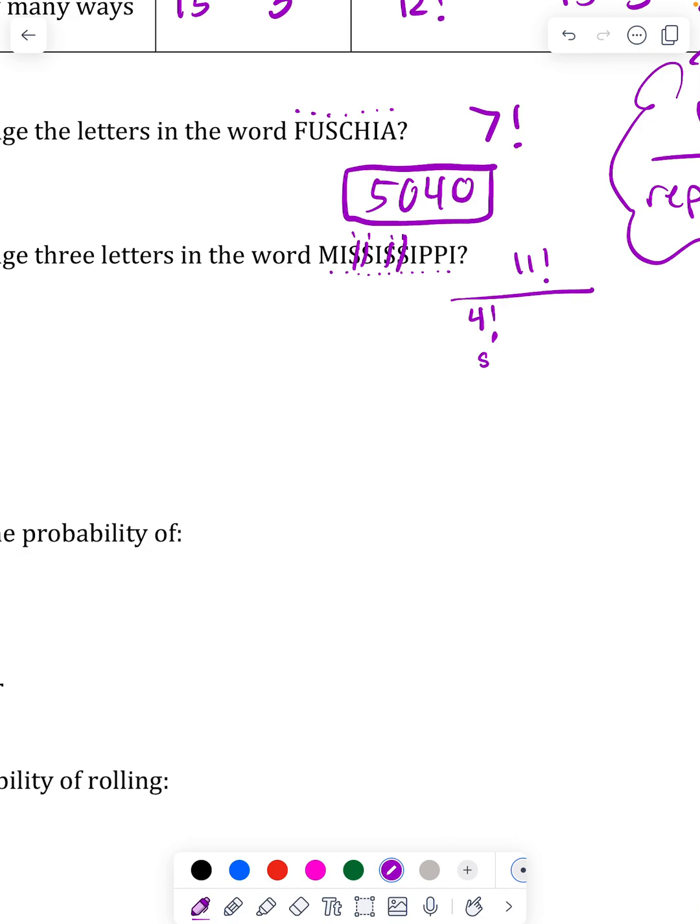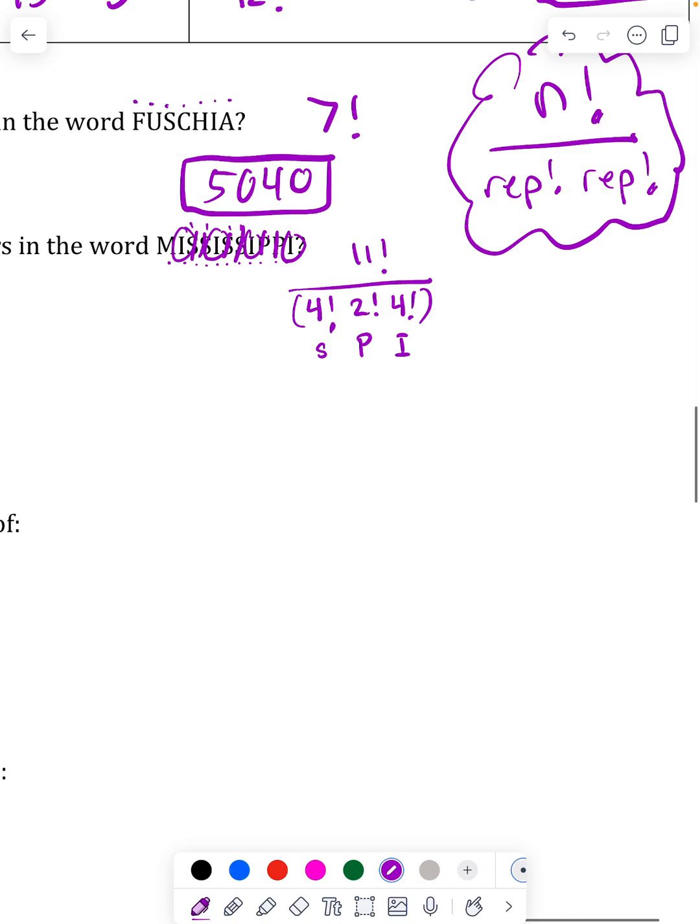So that's representing the repeating S's. The 2 P's, I do 2 factorial for that because if I move them into each other's spots, they won't look different. And then last, you can see I have 1, 2, 3, 4 I's. And if I move those into each other's spots, they won't look different. So I'm dividing out all the options that actually do not look different.